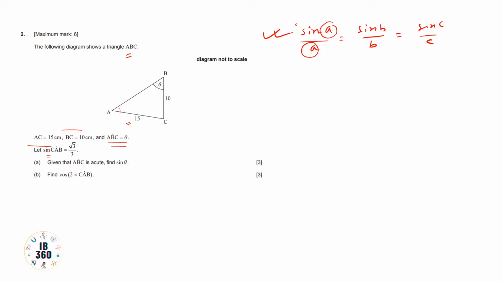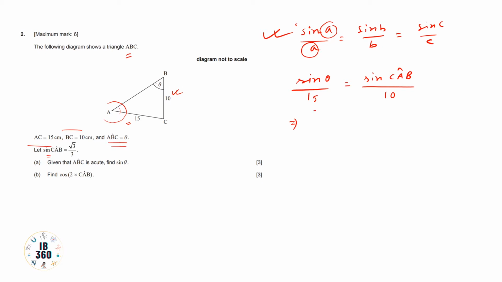So we will write the formula like this: sine theta divided by the side opposite to theta, which is 15, equals sine of angle CAB divided by its opposite side, which is 10.